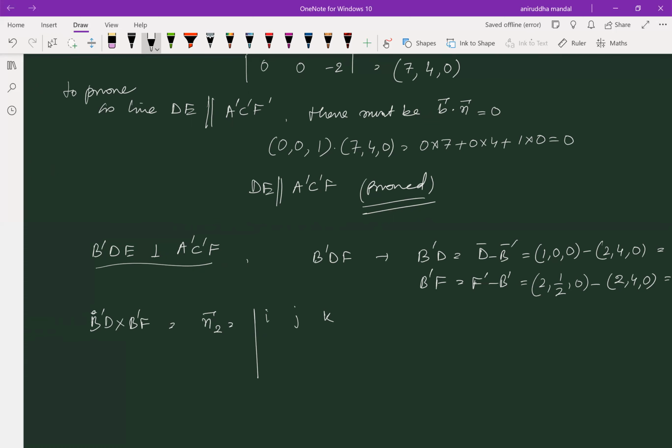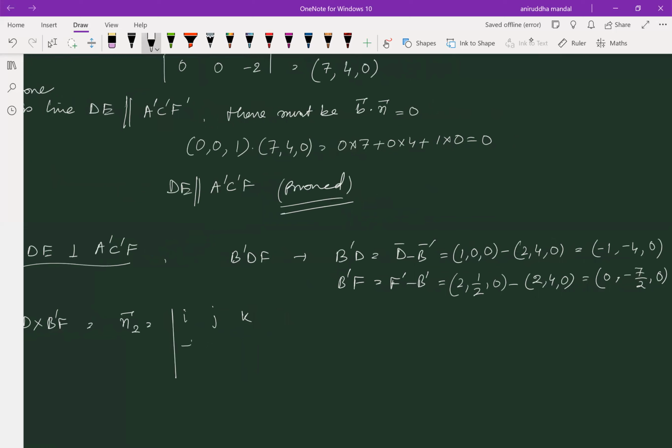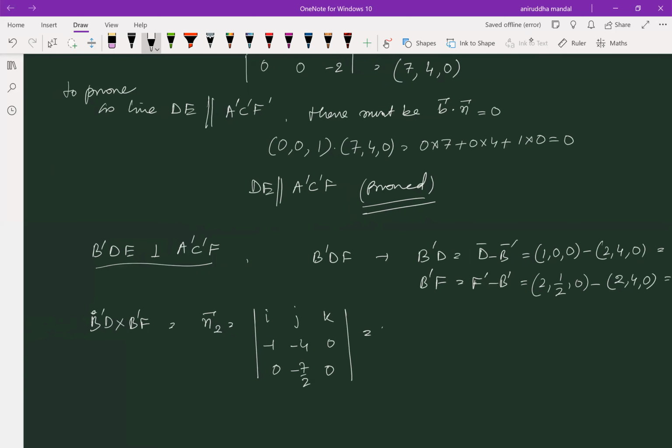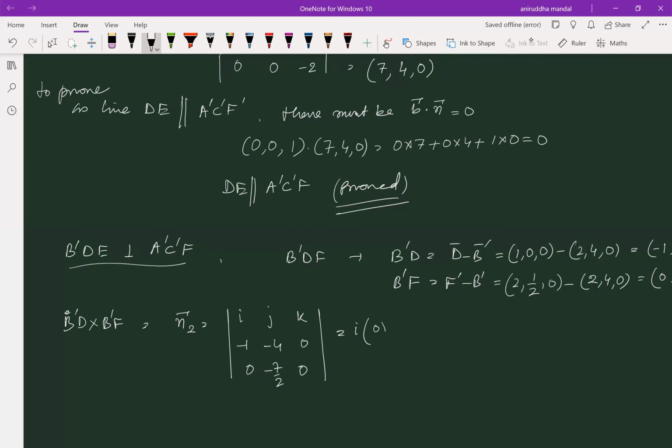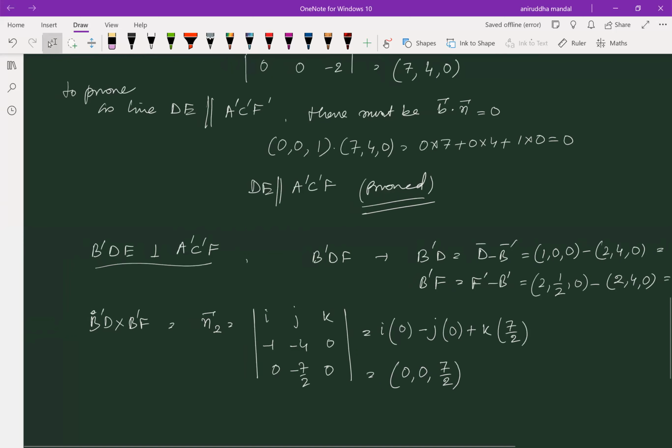Okay, so this is (-1, -4, 0) and (0, -7/2, 0). So i is 0, then minus j is also 0, plus k is plus 7/2. Okay, so (0, 0, 7/2). So this is the n2 vector.